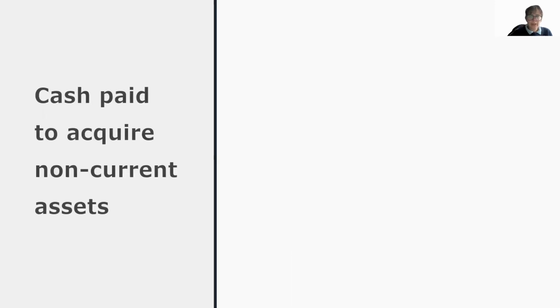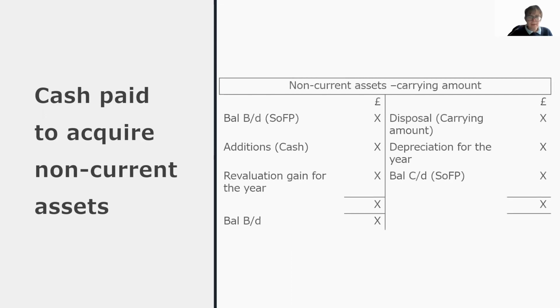Cash paid to acquire non-current assets then. So non-current assets, a carrying amount, we can work this out also with a T account, using our balance brought down being on the debit side, whilst our balance carried down is on the credit side, alongside the depreciation for the year and the carrying amount of disposals.